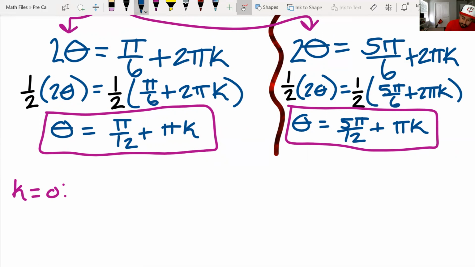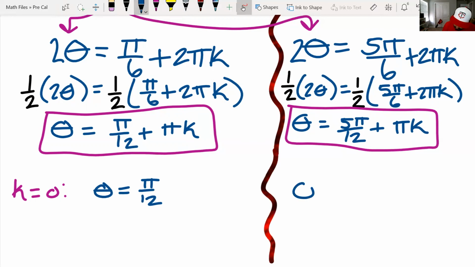Okay, so we plug in 0. If you plug in 0 for k, we get theta equals pi over 12 and theta equals 5 pi over 12.